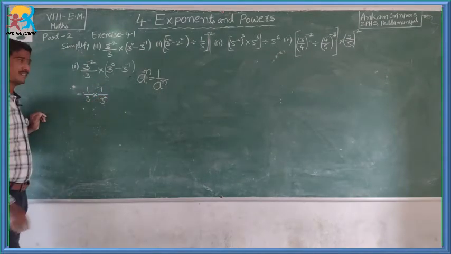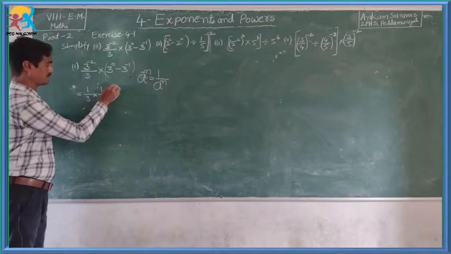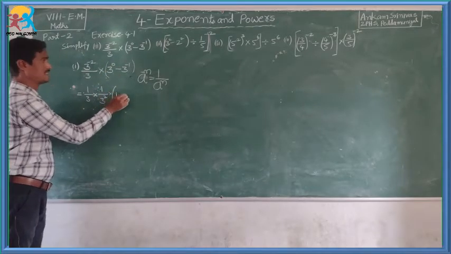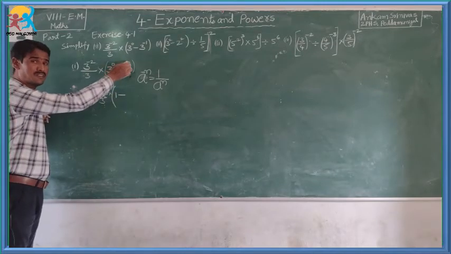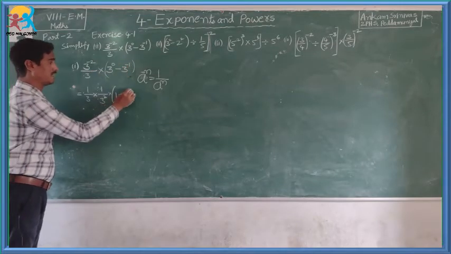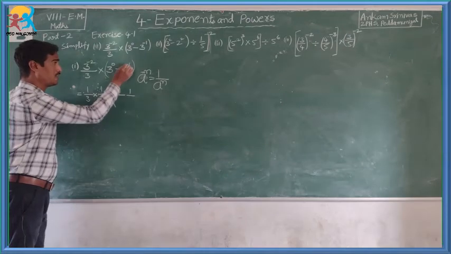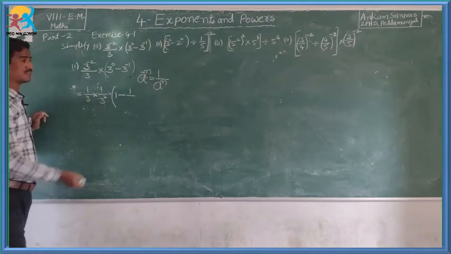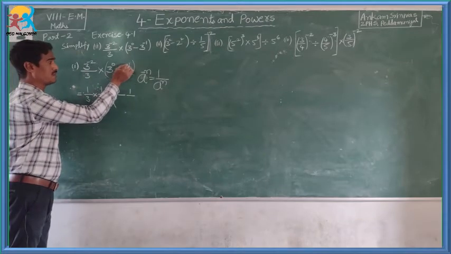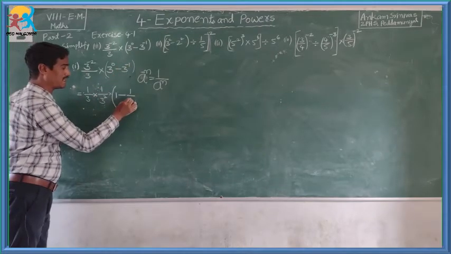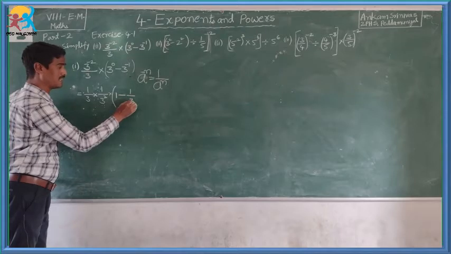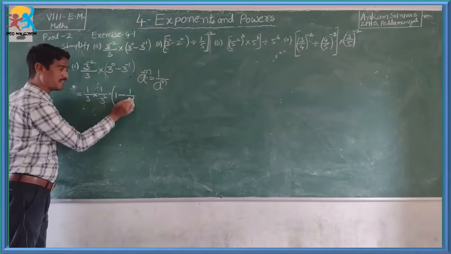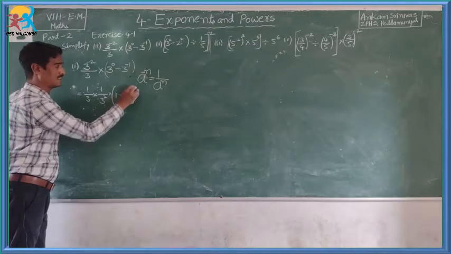Is it clear? Next, 3 power 0 is 1, minus 3 power minus 1 becomes 1 by... the negative exponent should be converted into positive. So minus 1 becomes plus 1 by writing the reciprocal of 3. Reciprocal of 3 power 1 is 3 power 1, nothing but 3 only.